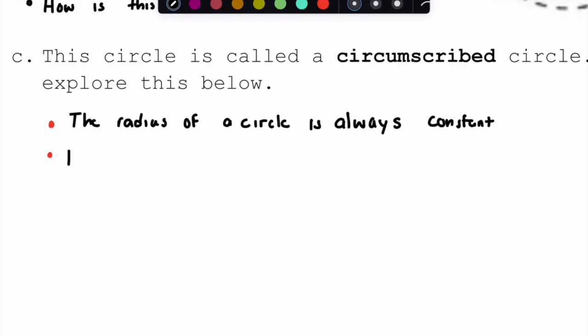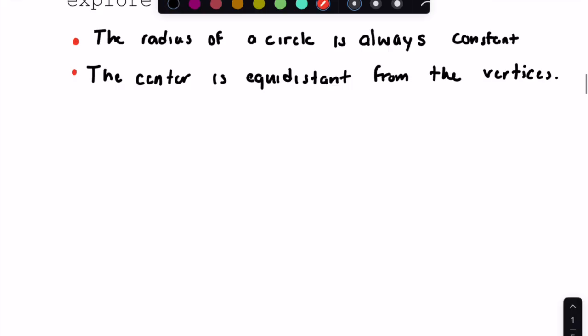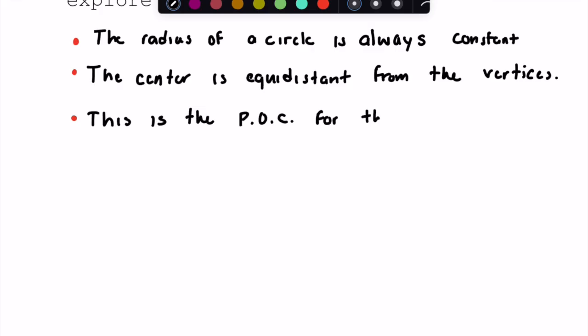Therefore, the center is equidistant from the vertices. So therefore, this is the point of concurrency for the perpendicular bisectors.